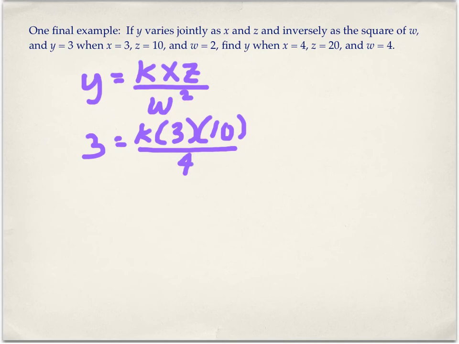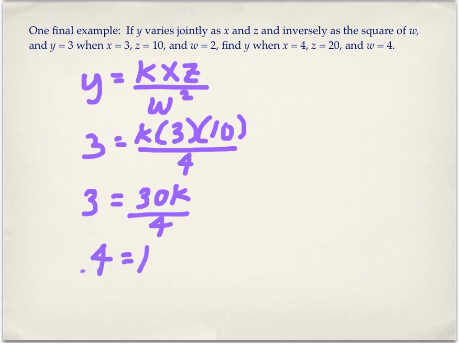I'm going to basically get that 3 equals 30k divided by 4. If I solve this, I have to multiply 4 on each side, then divide by 30. I'm going to get this k value equaling 0.4 or 4/10.